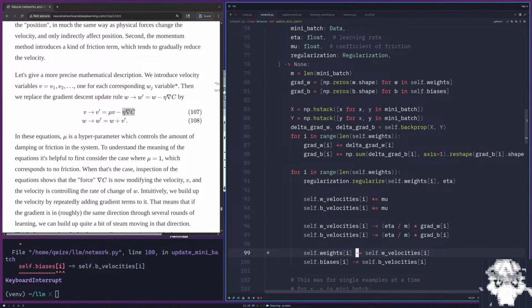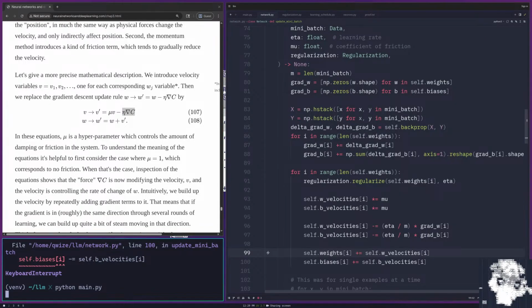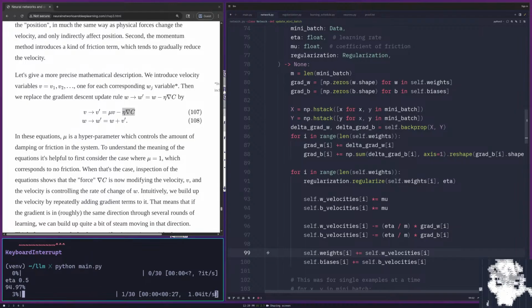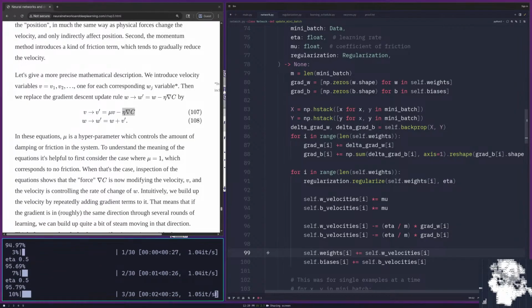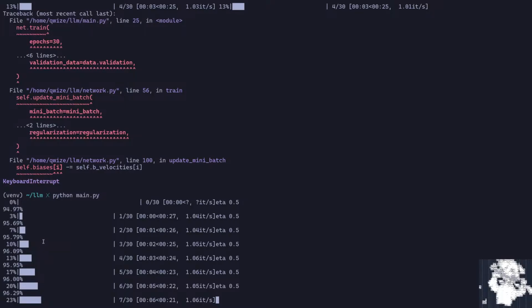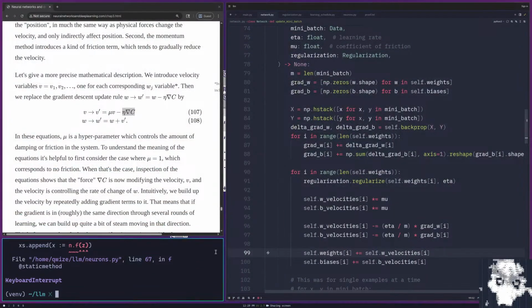These should be plus equals now. Oh, yes. Okay. So that should be working as before.